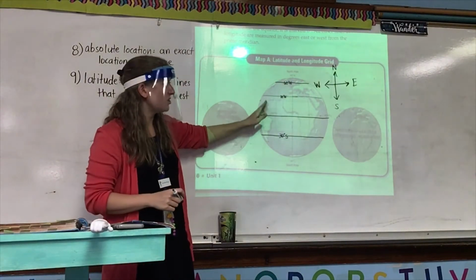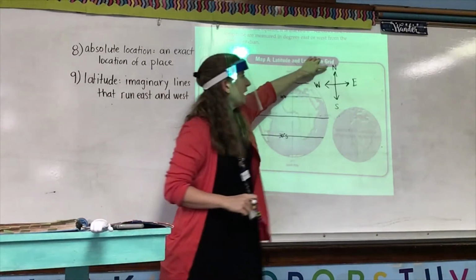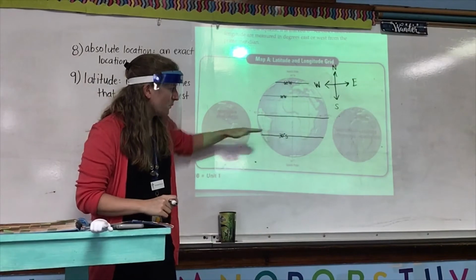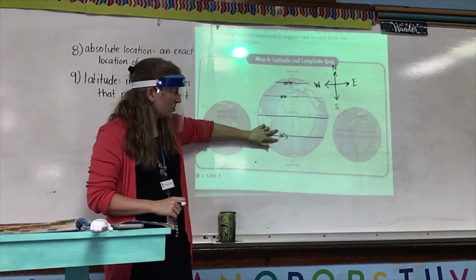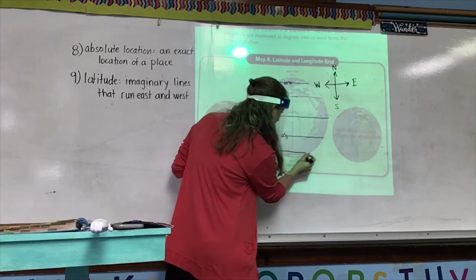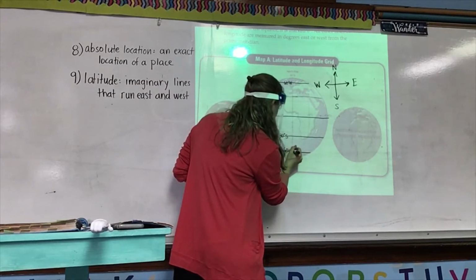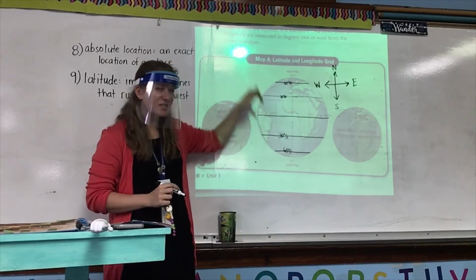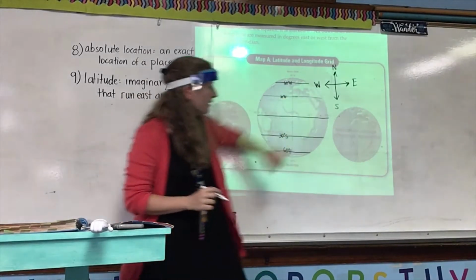All lines of latitude above the equator are marked north. If we go down, we see some more sideways lines. First, we have 30 degrees south. Then if we look down here, we have 60 degrees south because these are south or below the equator.